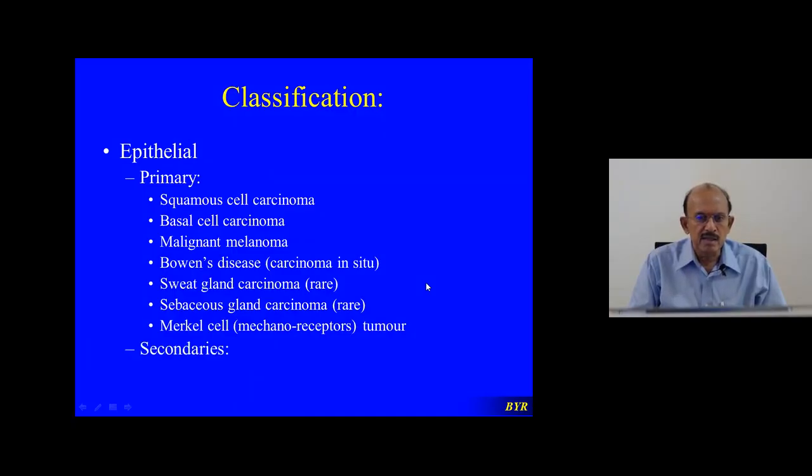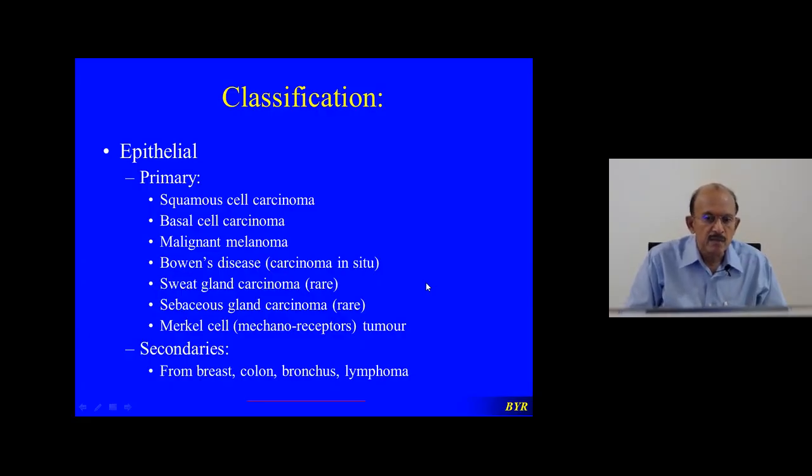Then secondaries from breast, colon, bronchus, and lymphoma. So from these lesions, the secondaries may occur in the skin. We have seen secondaries develop in the bones, in the lungs, in the liver, but secondaries can occur in the skin also. So the primary can be from the breast, colon, bronchus, or from lymphomas.